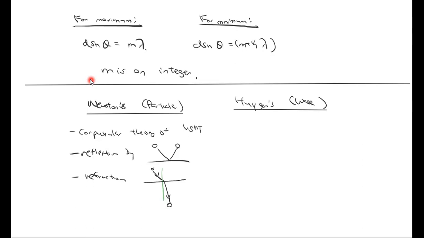Of course, that's not our current theory anymore, but that was Newton's theory, going back 400 years ago. And that allows us to explain both reflection and refraction. Now, Newton expected the wave to speed up as it refracts towards the normal.